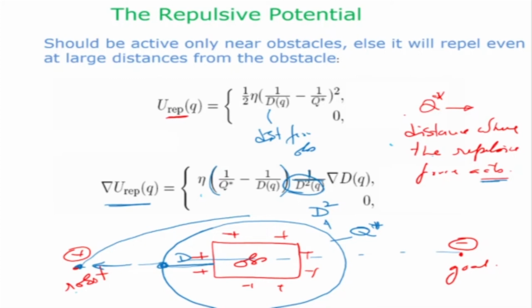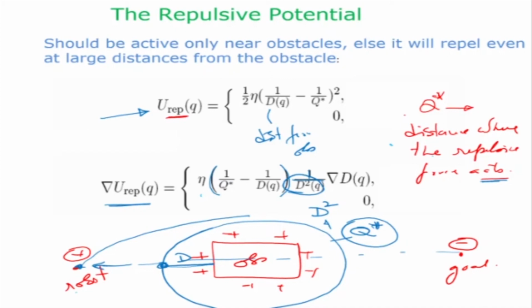So what you can see is that the repulsive potential has been formulated essentially to ensure that when the robot comes right on the obstacle, the force becomes infinity. So that cannot happen. The robot will get pushed away. So this is basically to show that the effective distance q star actually controls when the repulsive force will become effective on the robot.